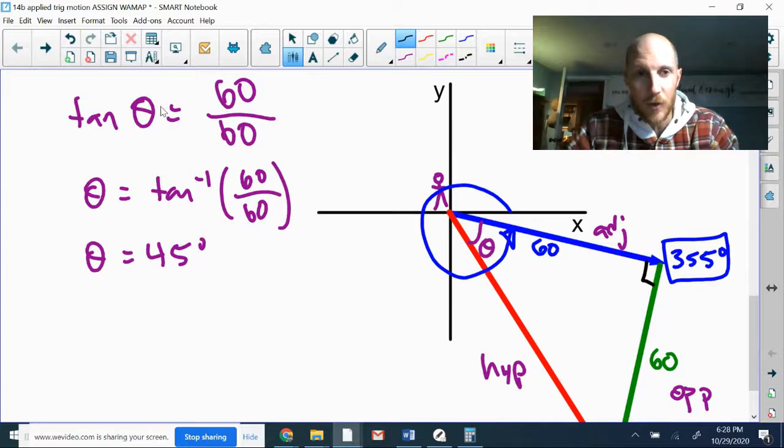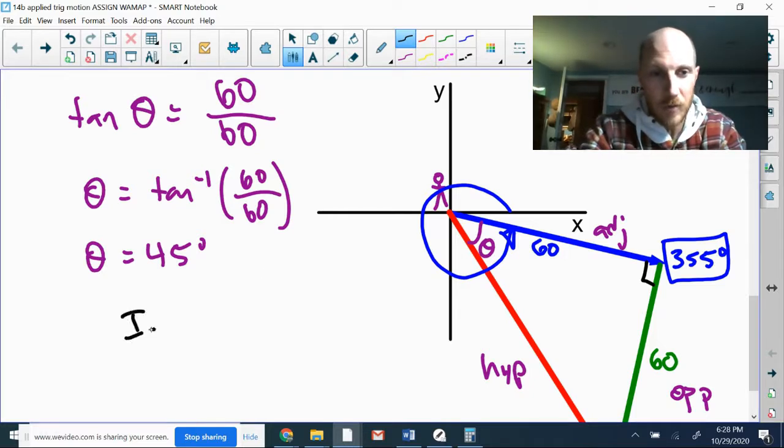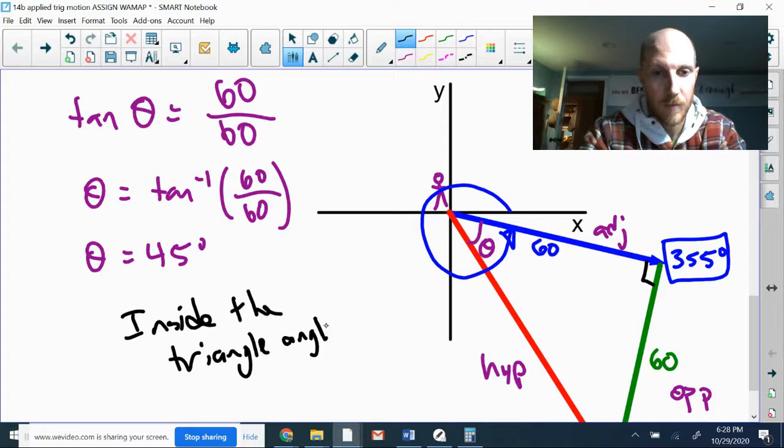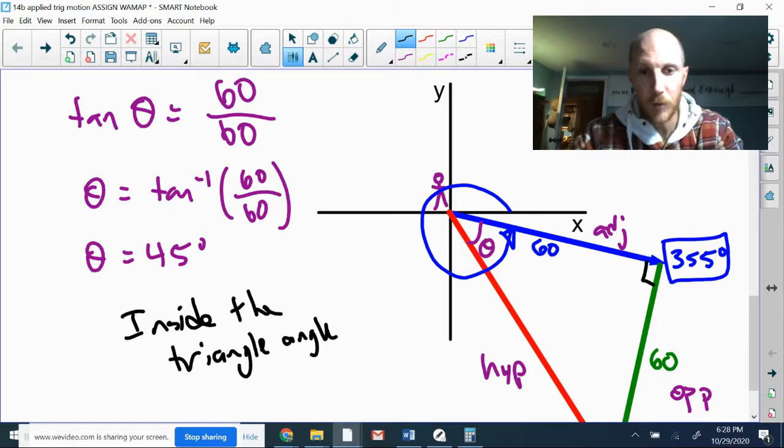So I set up a tangent ratio, 60 over 60, and I did the inverse tangent of that to find my angle, which is 45 degrees. So I've got an inside the triangle angle, 45 degrees. That's the purple angle labeled in the diagram.